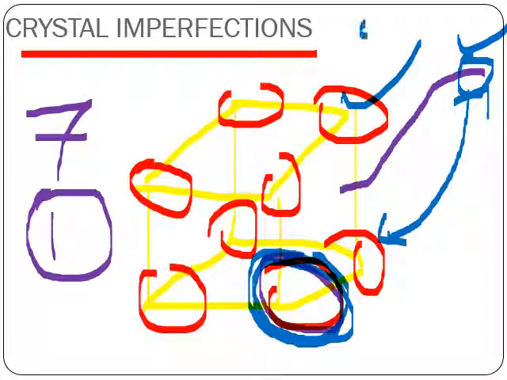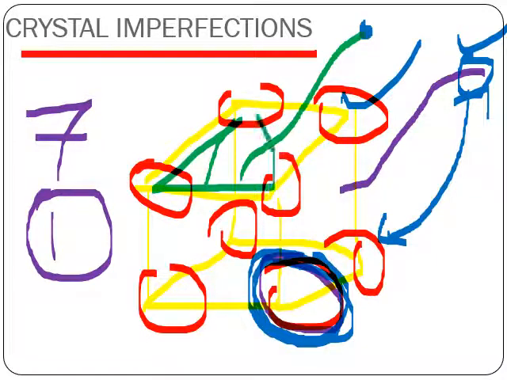If the atomic radius is small, then the free space we talked about in the APF, this atom can come and occupy that space, that is, the space between these three atoms, or these three atoms. Whatever space is there between the atoms can be occupied by these foreign atoms, depending on the size of the foreign atom. If it is small, it can occupy the interstitial position. If it is the same size, it can substitute or occupy the vacancy.